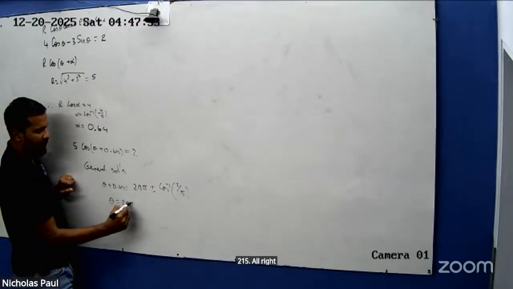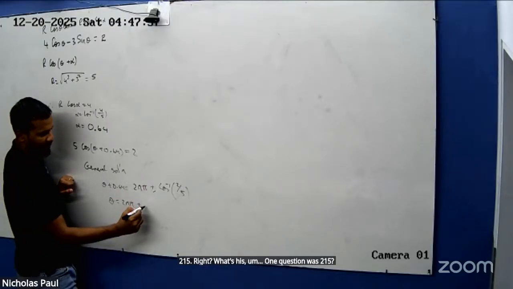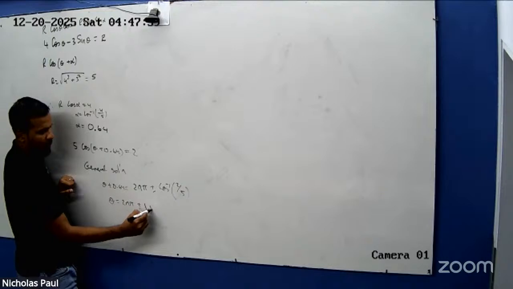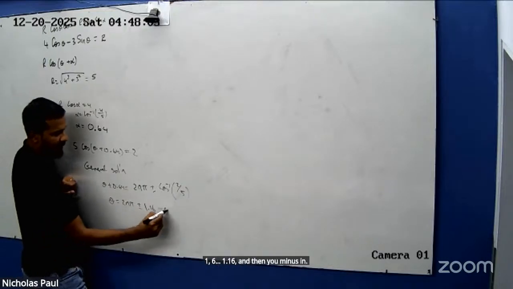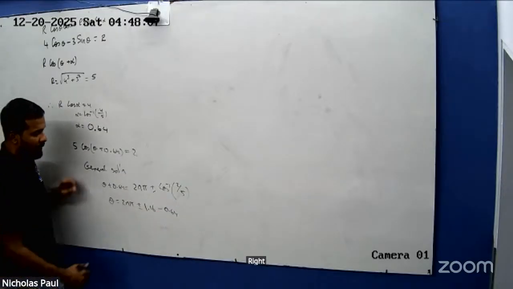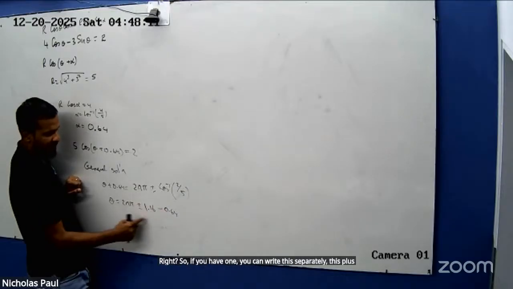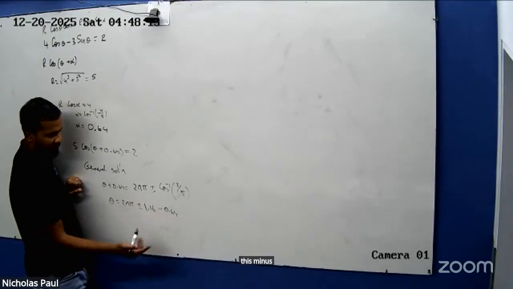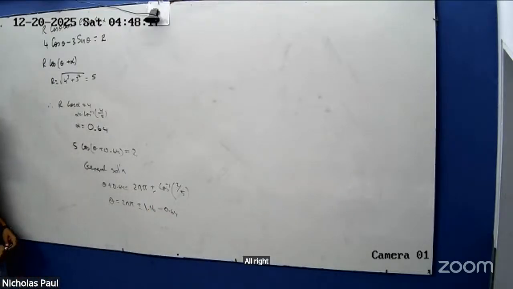What is cos inverse 2 over 5? 1.16, and then you minus 0.64. So if you want, you can write it separately, this plus this, minus this, or you can leave it like that. All right? Are you okay with that?